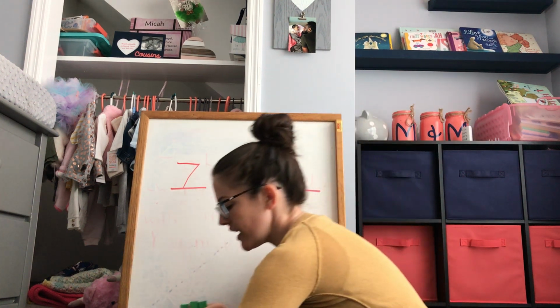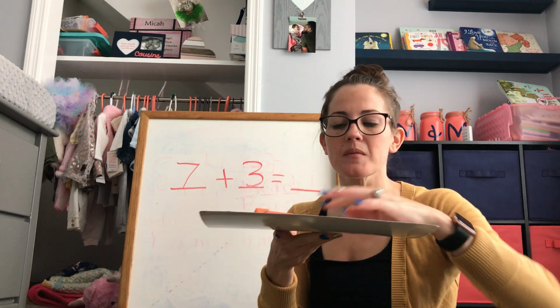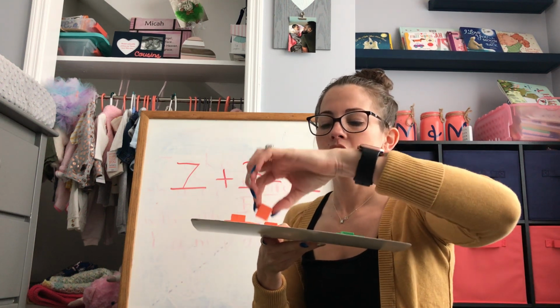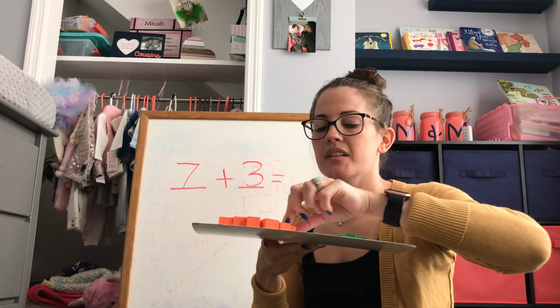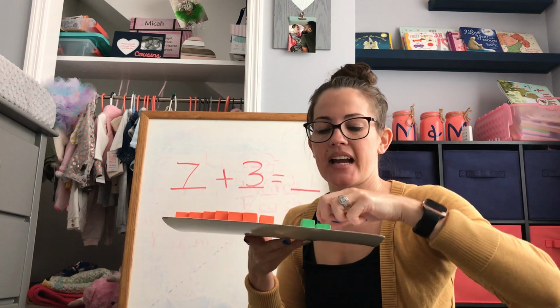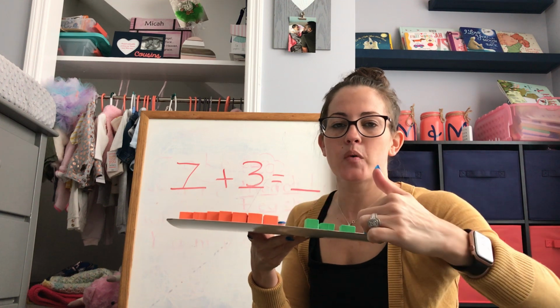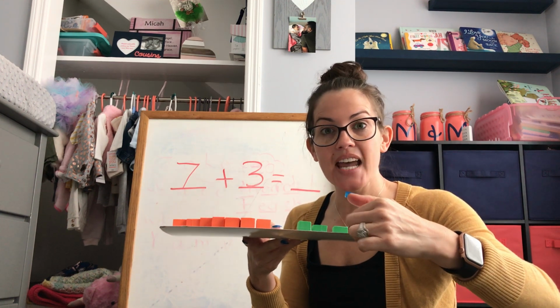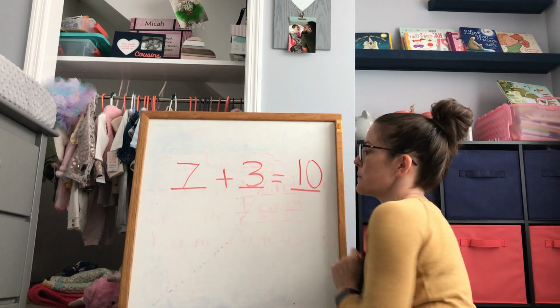So if you're at home and you have a manipulative, oh, you know what? I'm going to put them on this board so I can hold them all. I'm going to count 1, 2, 3, 4, 5, 6, 7, 8, 9, 10. 7 bees plus 3 more bees equals 10. So let's finish it out on here. I know the answer now because I use my manipulative as 10.